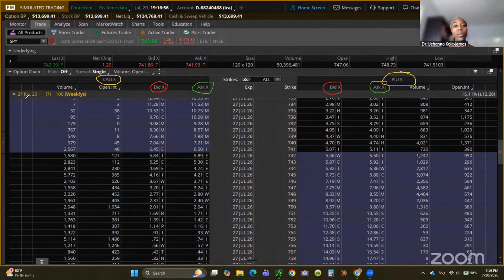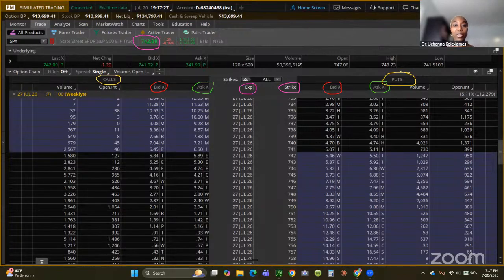So what else is really important? Your strikes, your expirations. All this is super important to know before we pick the right option. Okay. So let's customize our option chain. We need to know that the SPYs right now, the market is closed for trading stock options.